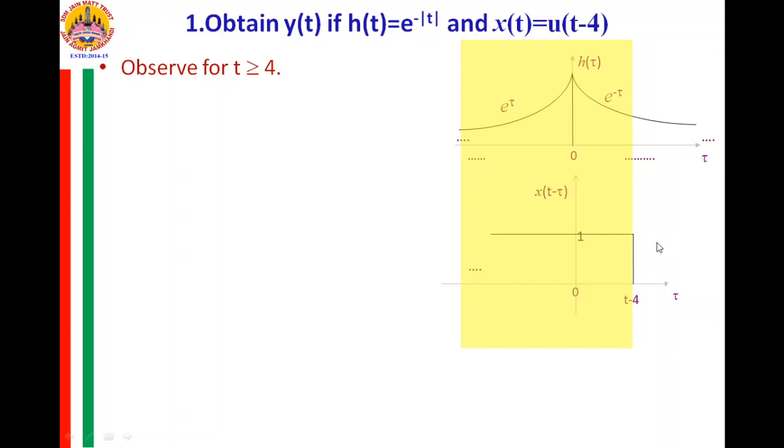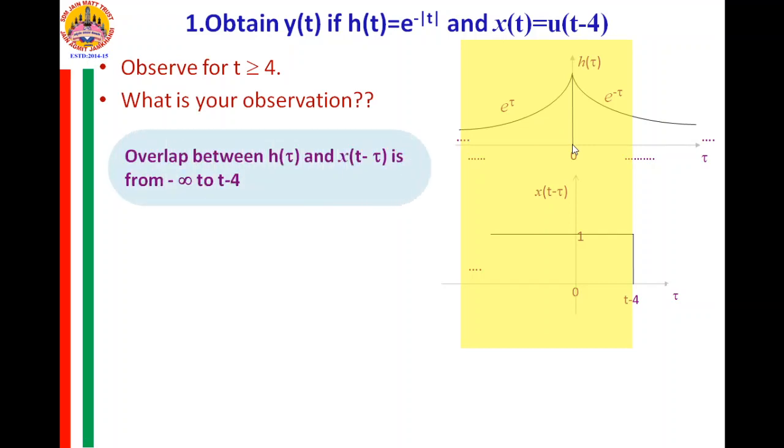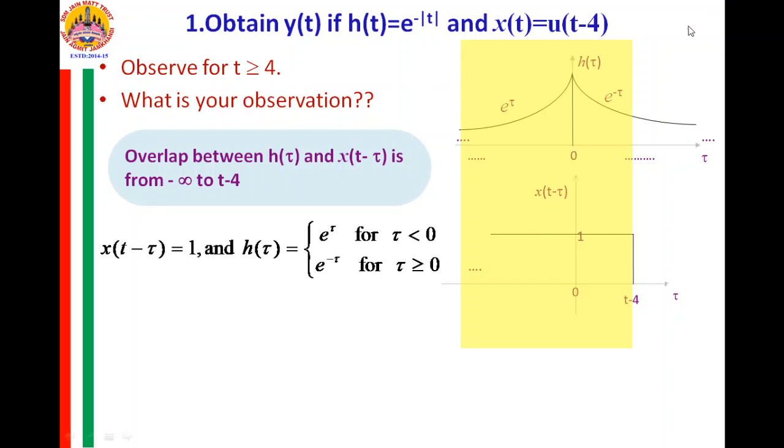But in this duration, though the amplitude of x of t minus tau is 1, the amplitude of h of tau from minus infinity to 0 is e raised to tau, and from 0 onwards to t minus 4, the amplitude of h of tau is e raised to minus tau. So h of tau has two amplitudes: for tau less than 0 it is e raised to tau, and for tau greater than or equal to 0 it is e raised to minus tau.